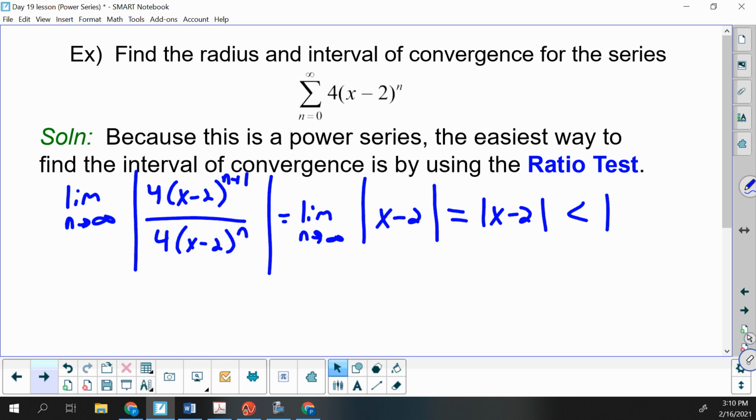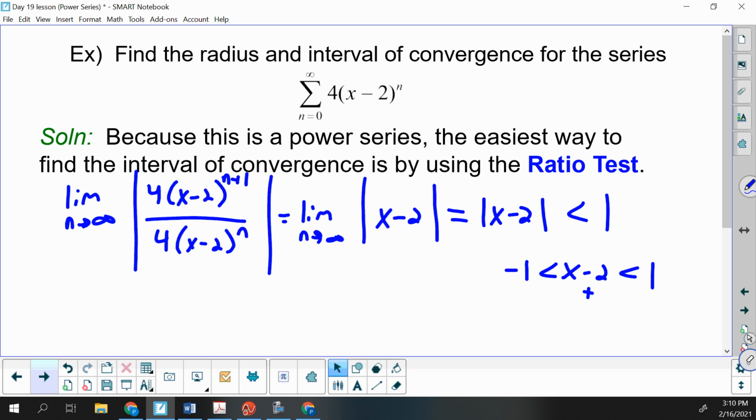So to rewrite an absolute value inequality without the absolute value, we would rewrite this as negative 1 is less than x minus 2 is less than 1. Because basically it's saying that x minus 2 needs to be a negative or positive decimal or 0. That's essentially what that's saying.